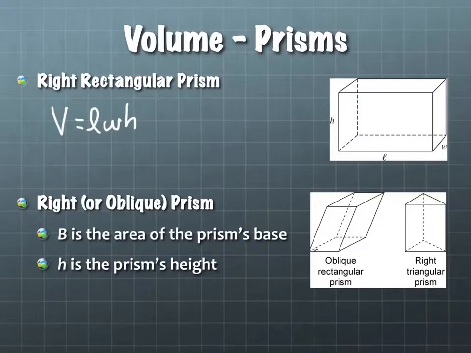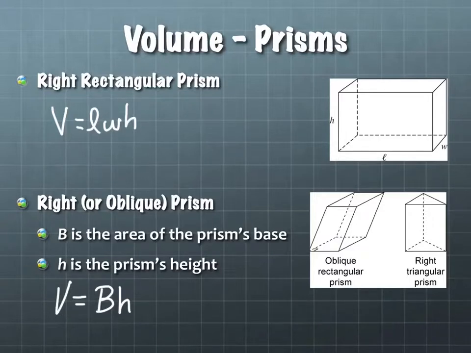If you have a right or an oblique prism, and you've got the shapes here, yours are beside each other on your paper, what you do is you take the volume to be the area of the base, that's what we've been calling capital B, times the height. So if you have a rectangle base, you find the area of the rectangle.